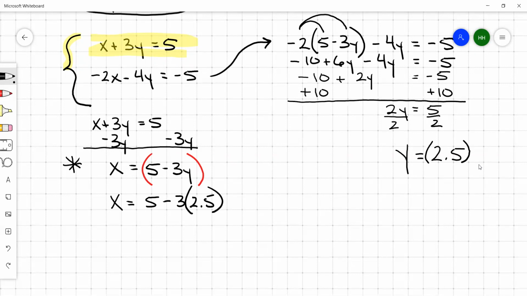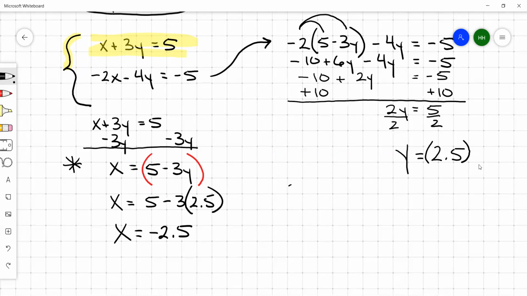I just typed the whole thing in my calculator. I got x equals negative 2.5. 3 times 2.5 would be 7.5, and 5 minus 7.5 would be negative 2.5.